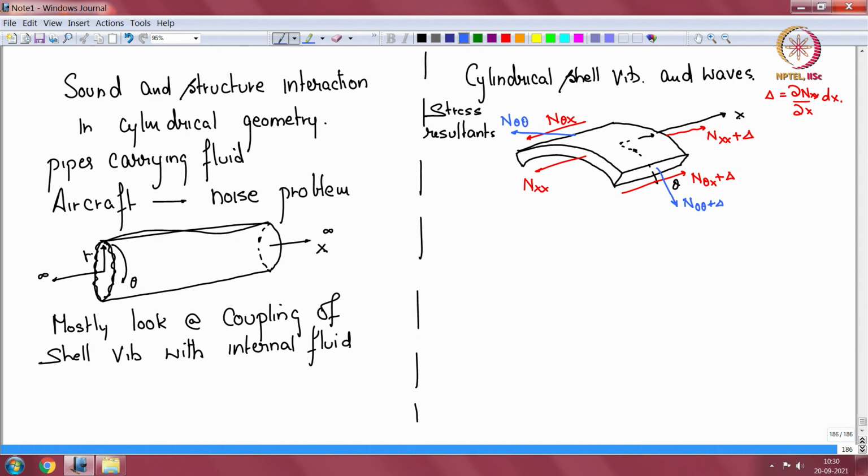Then we'll have vertical shear resultants qx3 plus delta, then q theta 3 and q theta 3 plus delta.